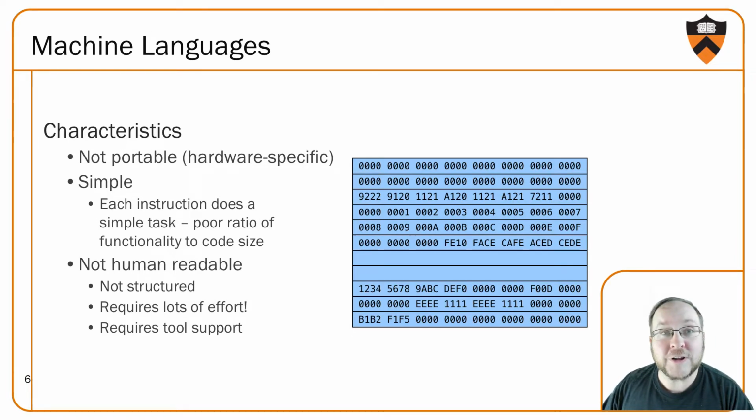At the diametrically opposite end, there are machine languages. They're not portable at all. The machine language of x86-64 processors, which dominate the desktop and laptop market, are completely different than the machine language of a SPARC processor or a MIPS processor, or indeed the machine language of an ARM processor that we'll be using in this class. ARM processors tend to dominate the mobile device and embedded systems market.